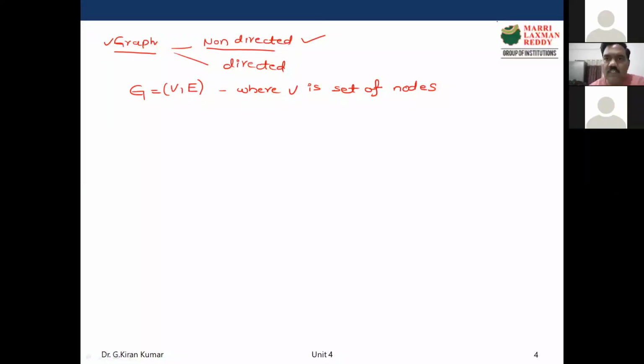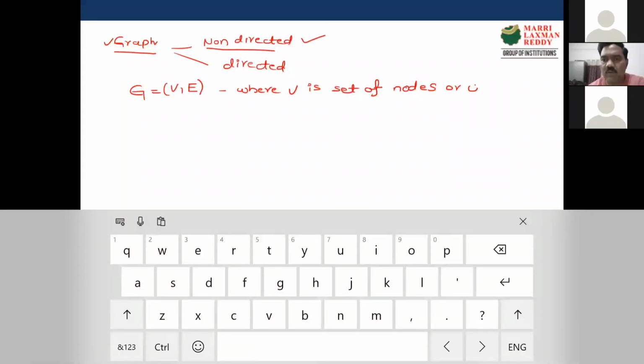Yes. The set of nodes we can also call vertices. Basically, V stands for the word vertices. And E is the set of edges. That's all, only two things. A graph means there are only two things: the set of vertices and the set of edges.